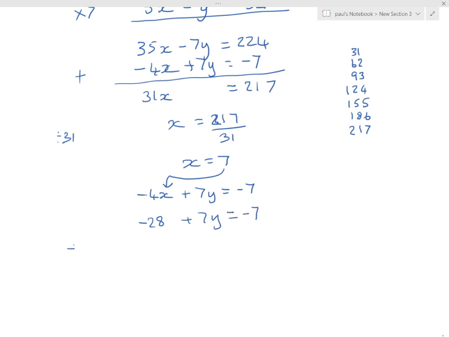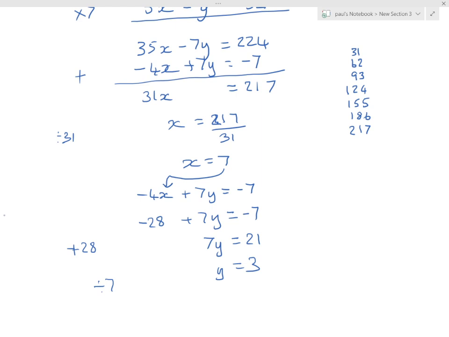Now we're going to add 28 onto both sides. So I'm left with 7y. Adding 28 onto minus 7 is going to give me 21. And then divide by 7. So y equals 3.